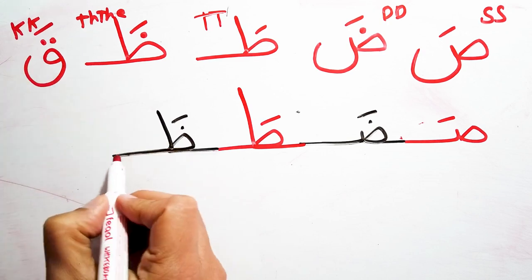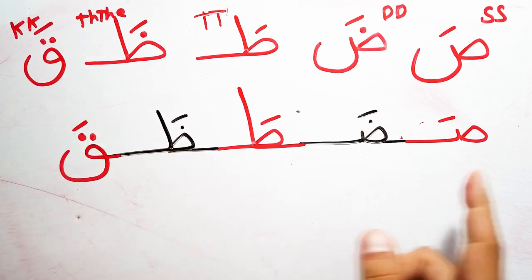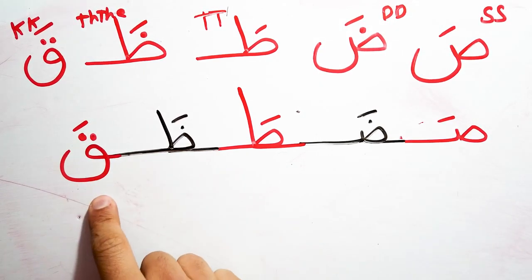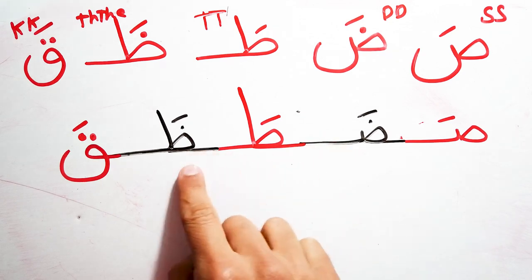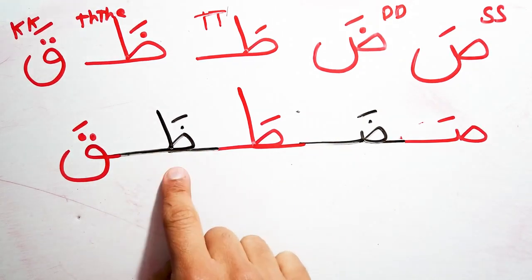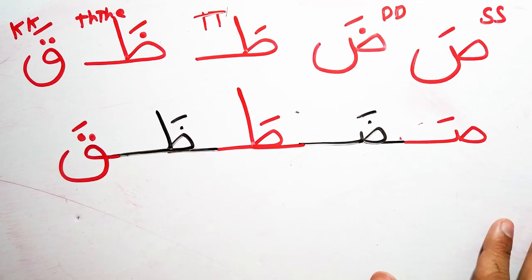And finally we have qa. Sa, ba, ta, va, qa. Okay, I know it sounds funny, but like this we're gonna learn.